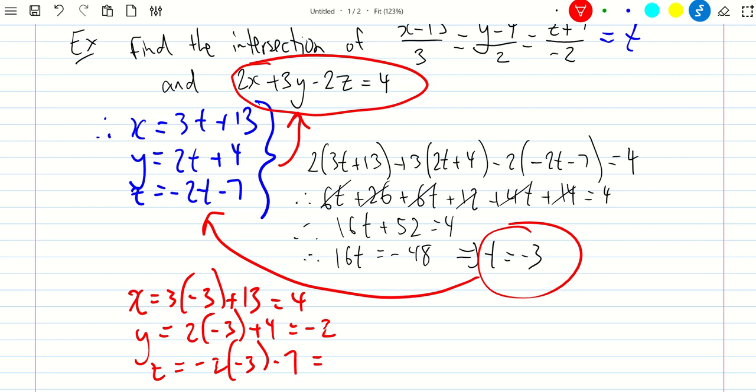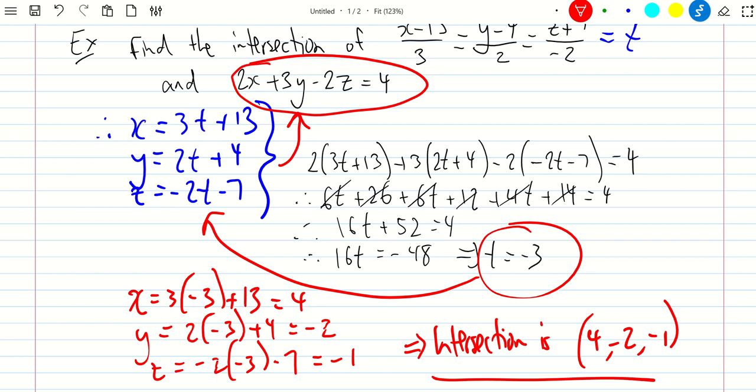So that's positive 6 take away 7, so that's negative 1. So therefore, the intersection is 4, negative 2, negative 1. So that's my intersection. And that's sort of how it goes.